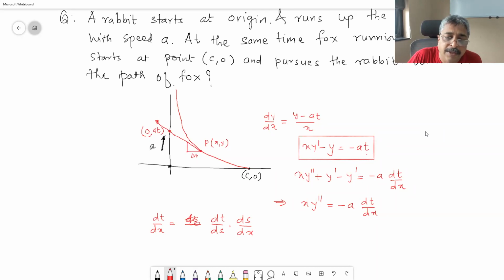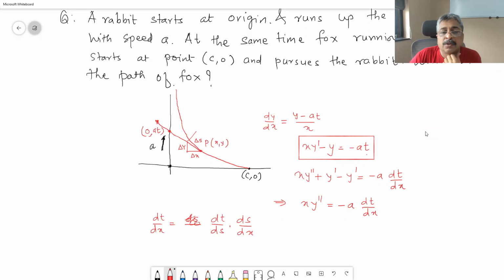Suppose this is delta x and this is the corresponding delta y, right? Then the change in the arc length is going to be delta s.